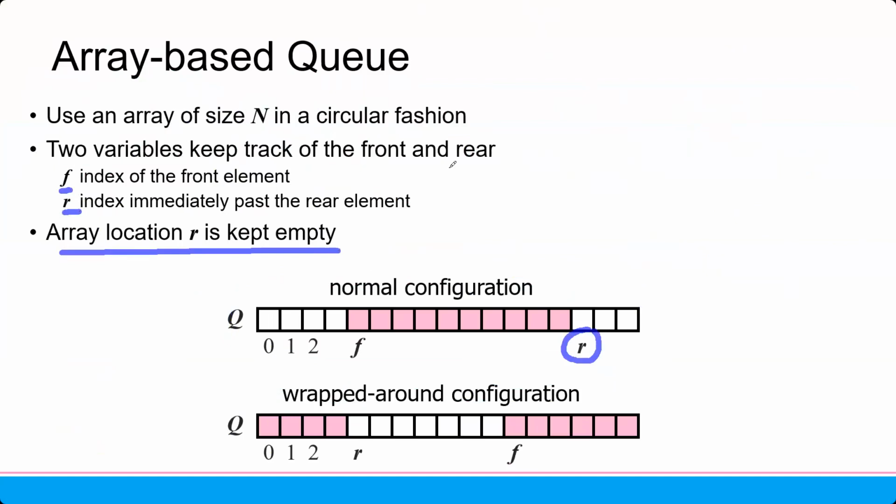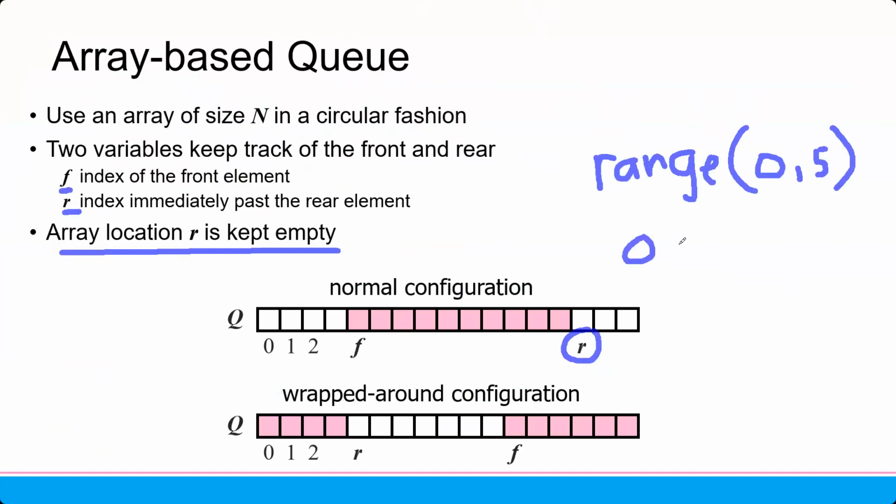We know that in Python, whenever we use range(0, 5), what does it mean? It will be numbers 0, 1, 2, 3, 4.